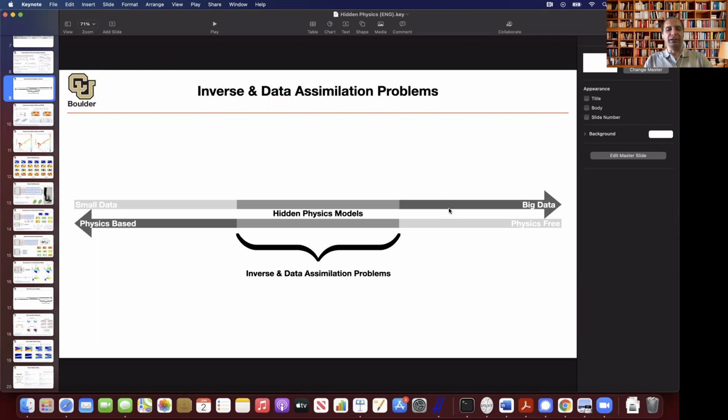Yes, absolutely. So whenever you have to solve a forward problem multiple times, then you can amortize the cost. And then uncertainty quantification is a perfect example. High dimensional problems is a perfect example. Inverse and data assimilation problems.